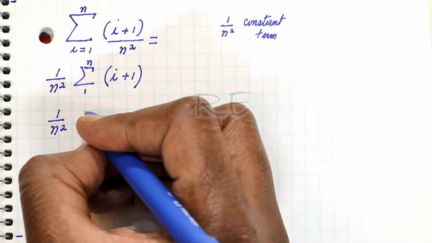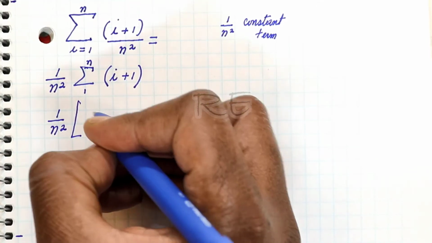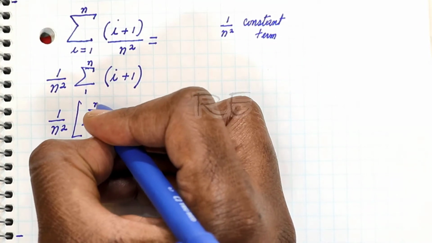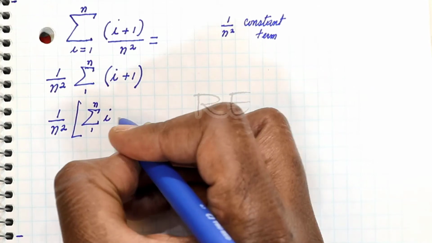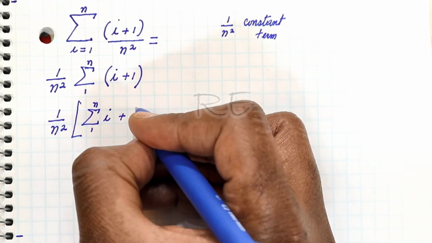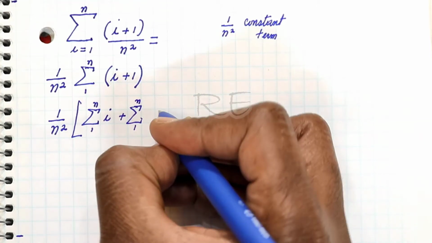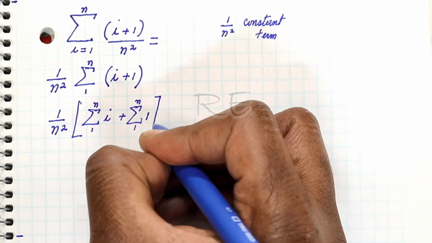We're going to write that sum as the sum of i plus the sum of 1, of course, from 1 to n.